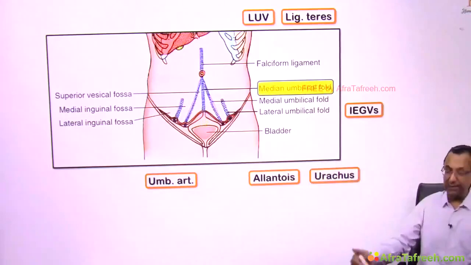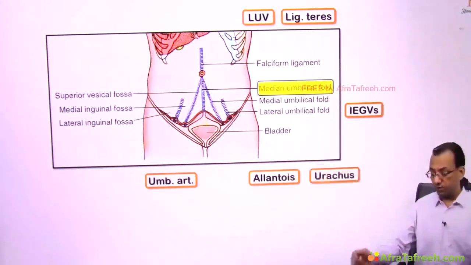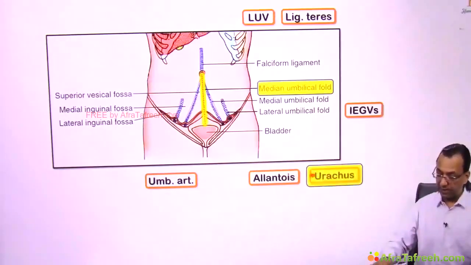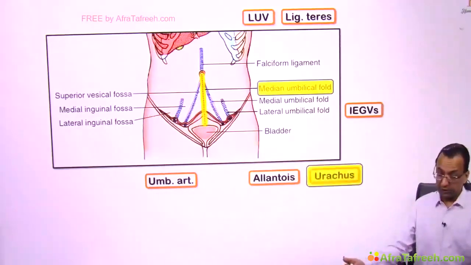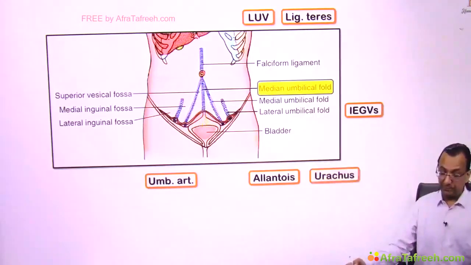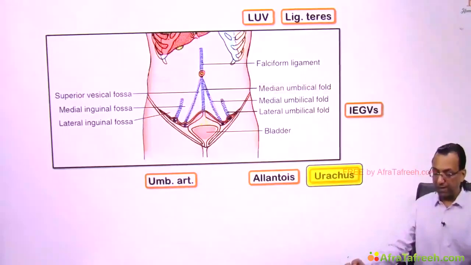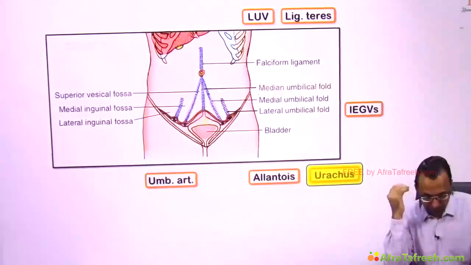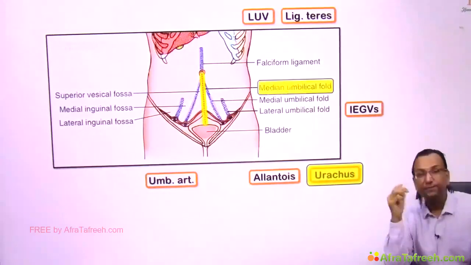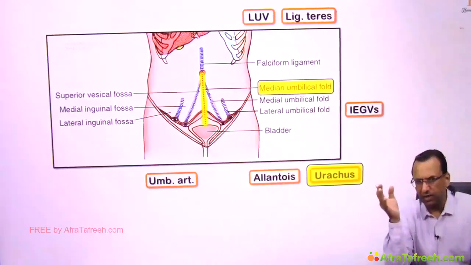So allantois was having some lumen? Yes, and that lumen is obliterated in the adult to become a fibrous cord called the urachus, running towards the umbilicus and producing the fold called the median umbilical fold in the midline. We will discuss this later also when we are in the abdomen region.